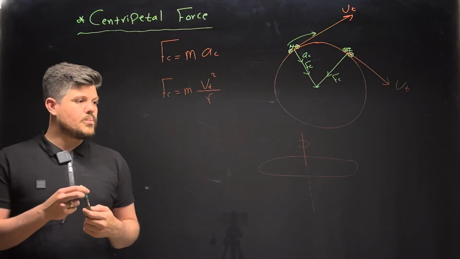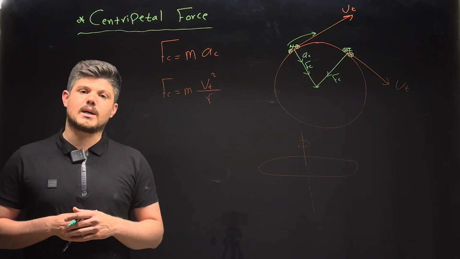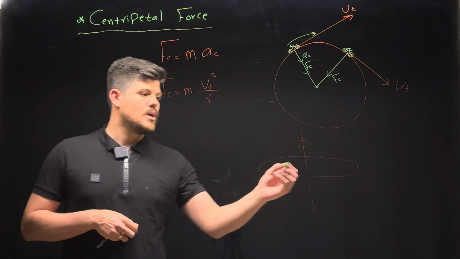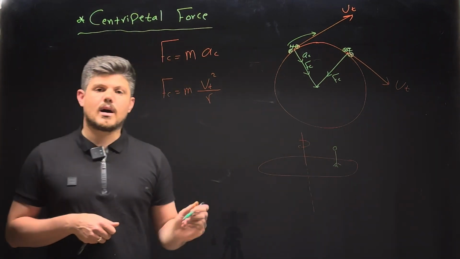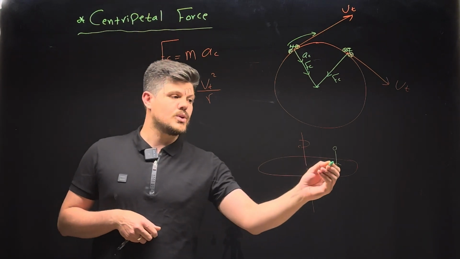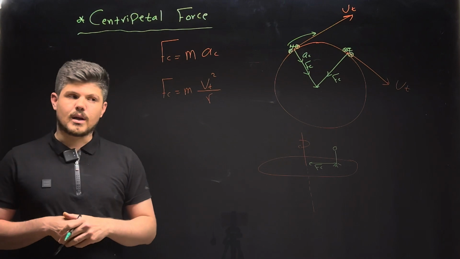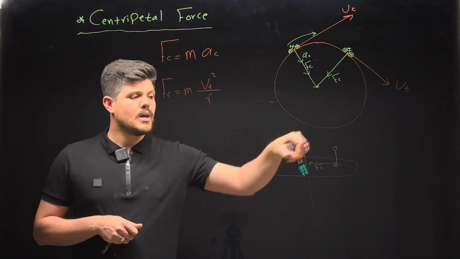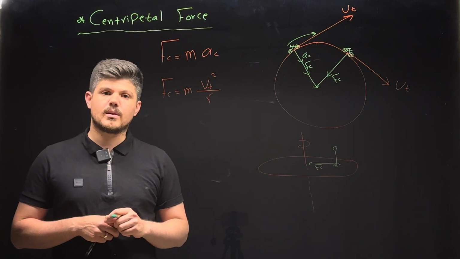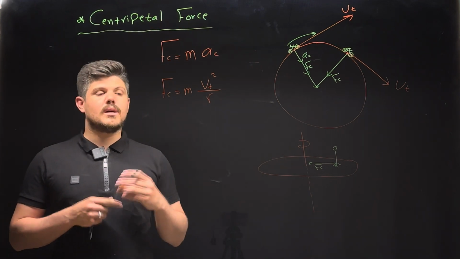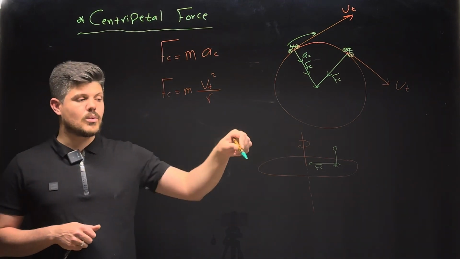All points on the rotating body have a centripetal acceleration and centripetal force. For example, if someone is standing here, this person has a centripetal acceleration directed toward the center of the spinning. This merry-go-round, or this cylinder, has angular speed.